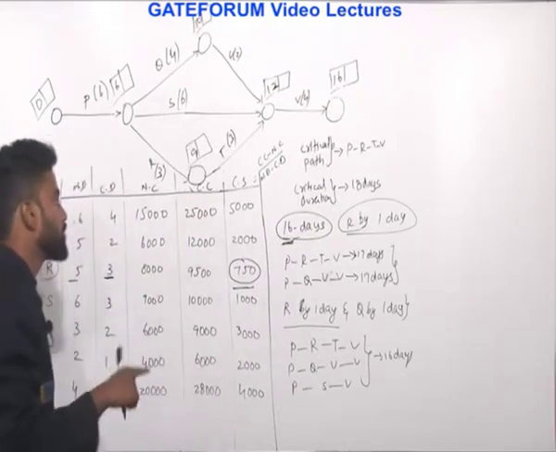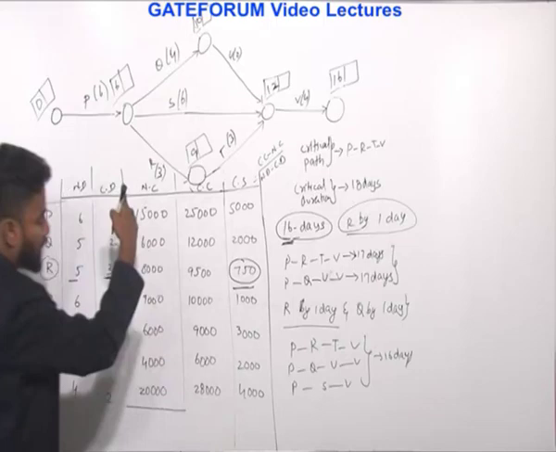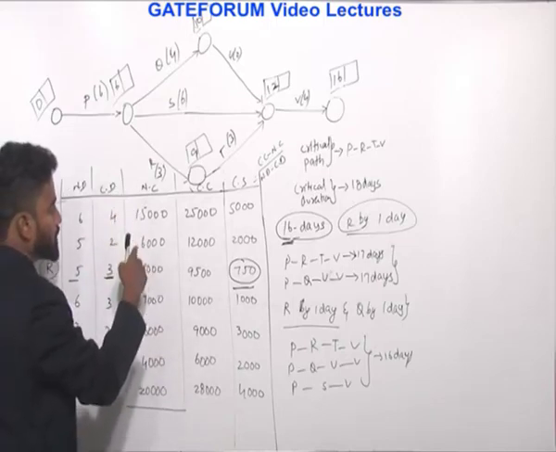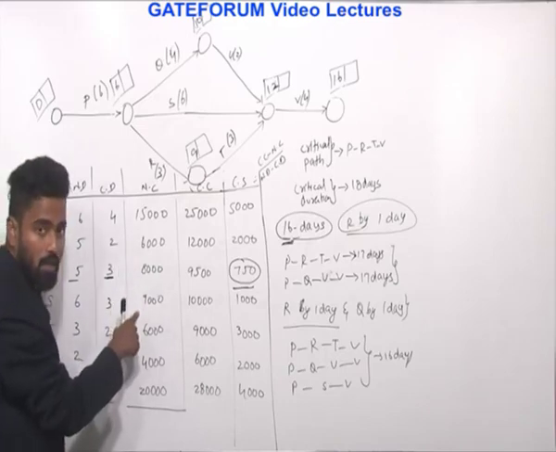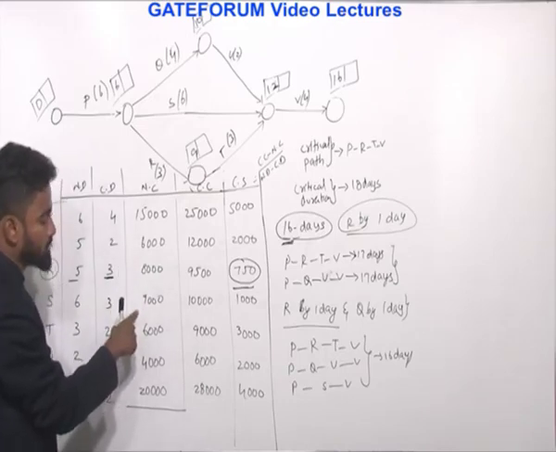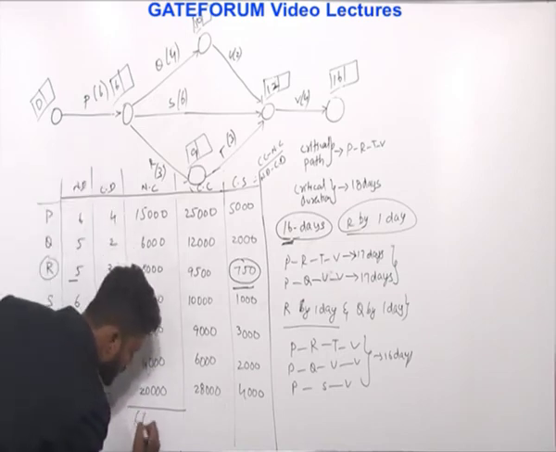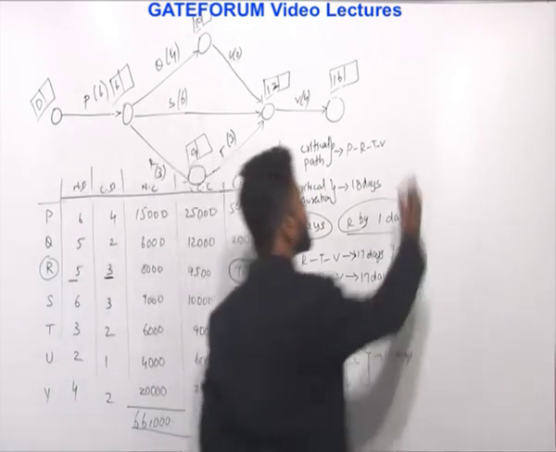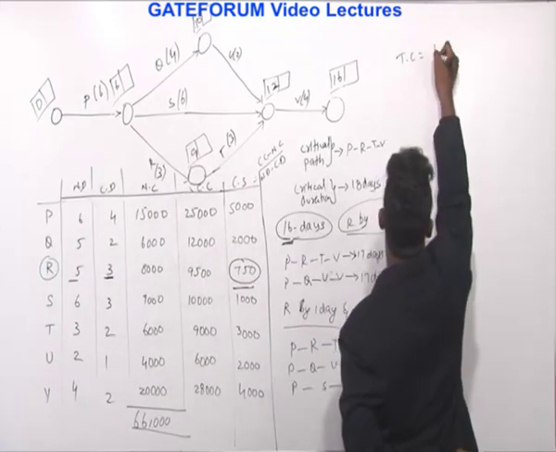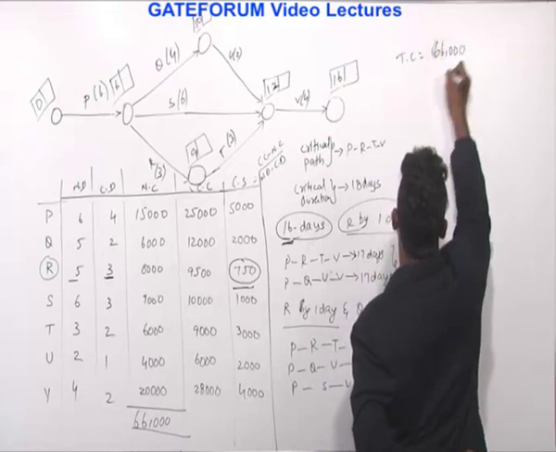Now he is asking for the total cost of the project. For that, first you have to add all these things: 15,000, 15,000 plus 6, 21,000, 29,000, 29,000 plus 7,000, 36,000, 42,000, 46,000, 66,000. So the direct cost is 66,000.